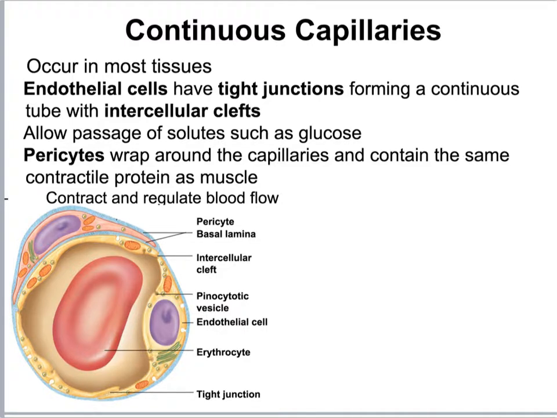Continuous capillaries consist basically of a single squamous epithelial cell, or two, in this case, squamous epithelial cells, that is wrapped in a circle, right? So you've got one or two squamous epithelial cells wrapped in a circle, and then it forms a tight junction with itself.